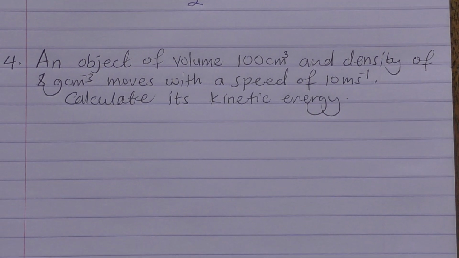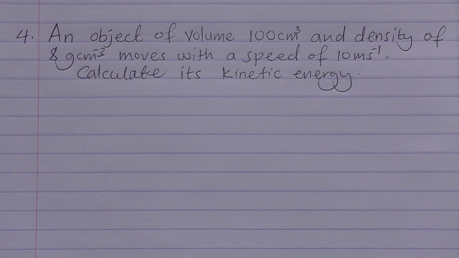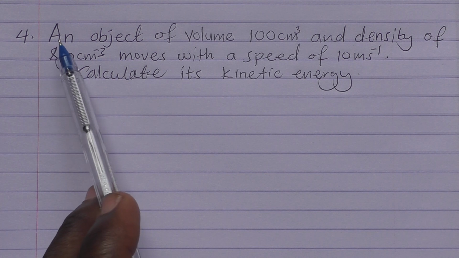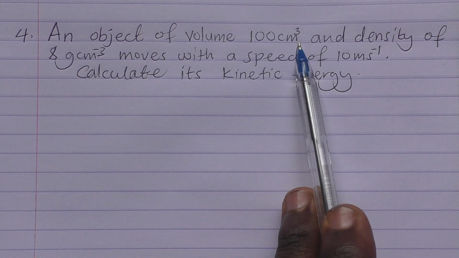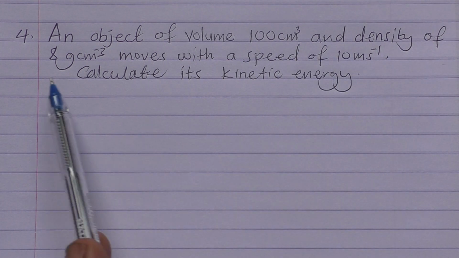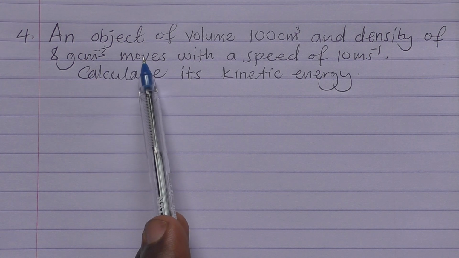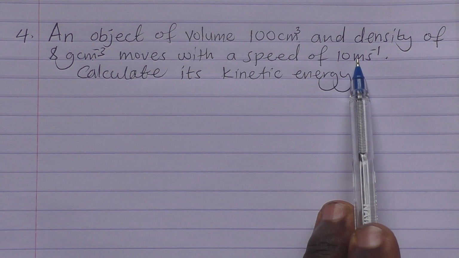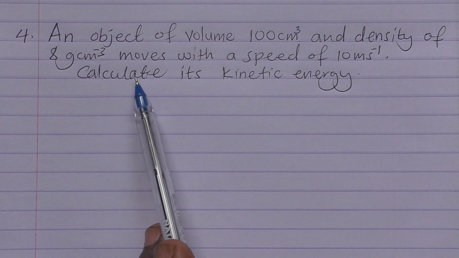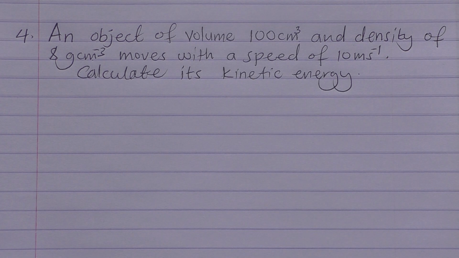Then let us look at the last example in this lesson, that is example 4, whereby we are told that an object of volume 100 cubic centimeters and density of 80 grams per cubic centimeter moves with a speed of 10 meters per second. And therefore, they want us to calculate the kinetic energy of that object.